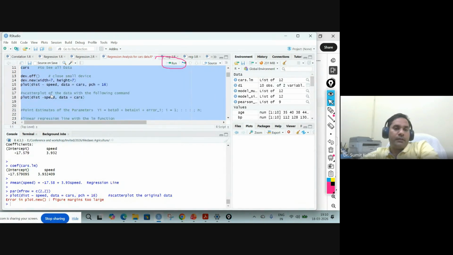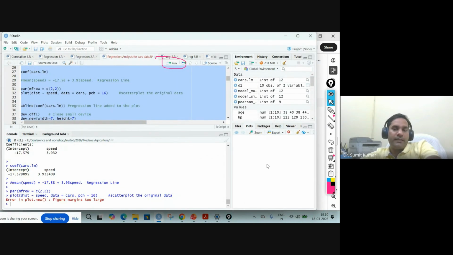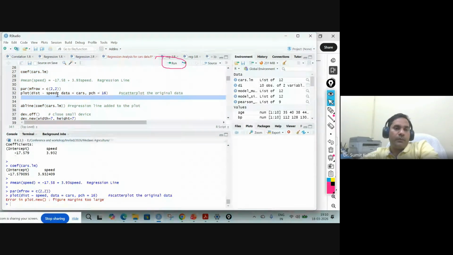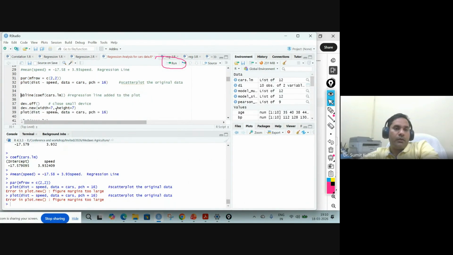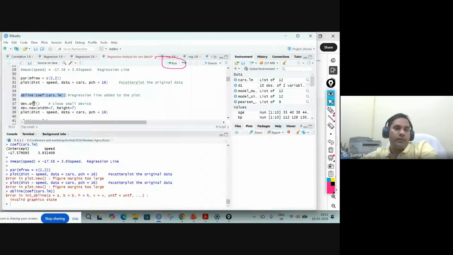Some error is there, I think. But the method, as you saw earlier, the plot will come in this way. The abline command is used when you have to put a line on the data, the regression line. So this command will be used there. Somehow it is not working here.